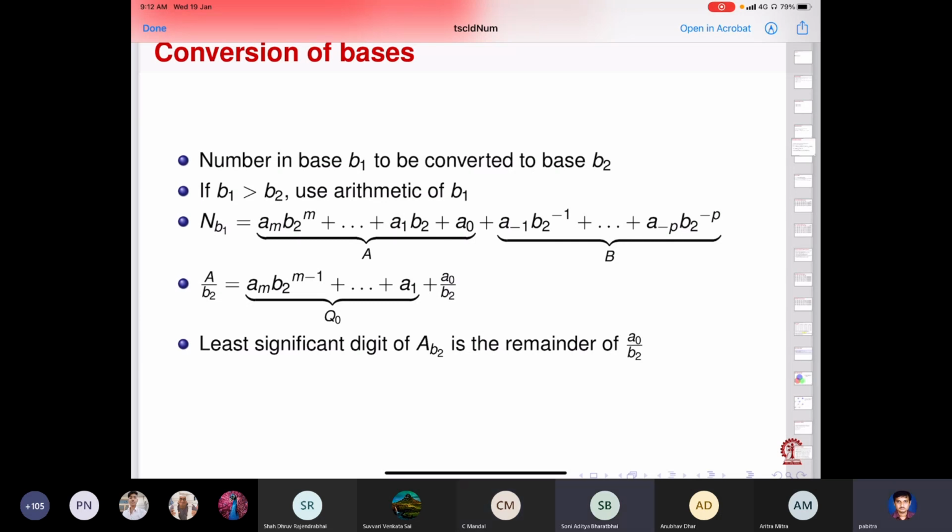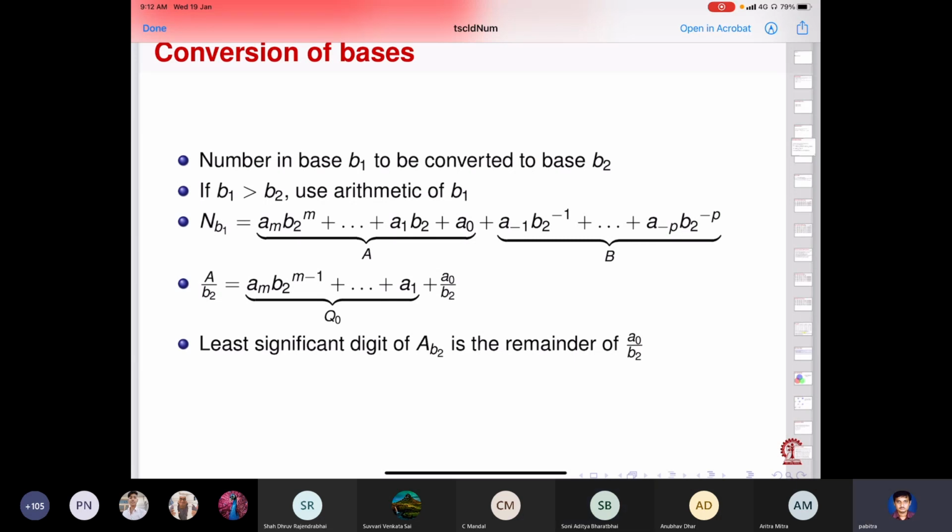Because the main problem is that on the left hand side we are doing B1 arithmetic, and on the right hand side we are doing B2 arithmetic. Sir, the remainder of A0 by B2 will be A0. Yeah, you are right. So if A0 is less than B2, the remainder on dividing A0 by B2 is A0.